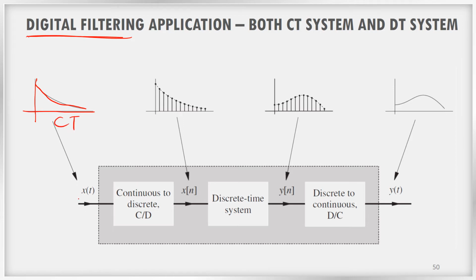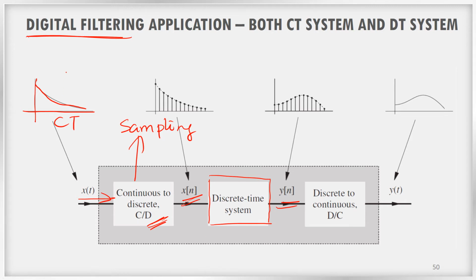The CT signals are taken inside and converted to discrete, that is sampling, and we get x of n. This discretized signal is processed inside this discrete time system, which will normally be digital logical circuits performing some mathematical or logical operations, and we get some y of n, that is the output samples.